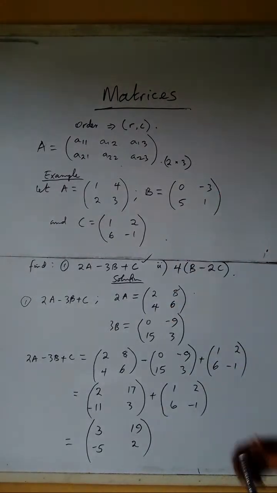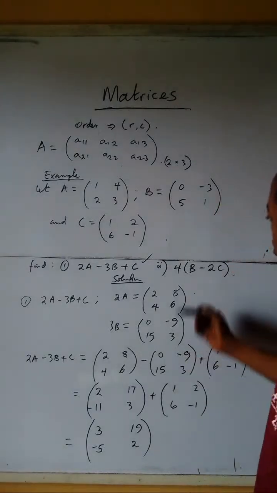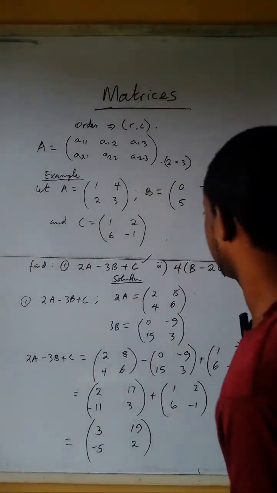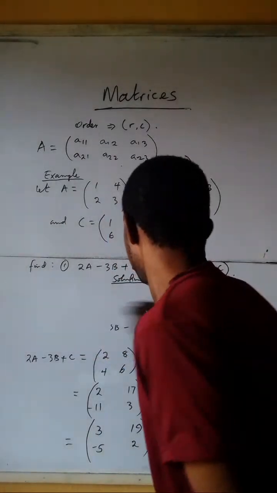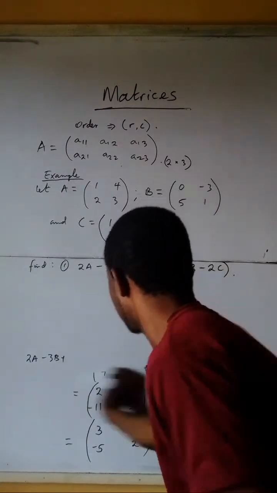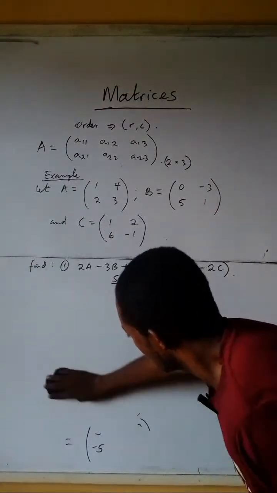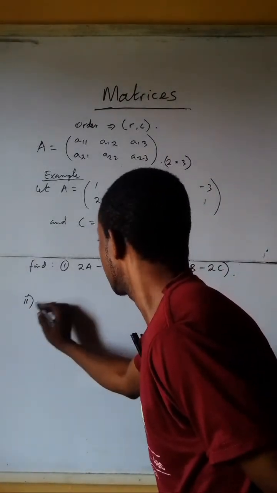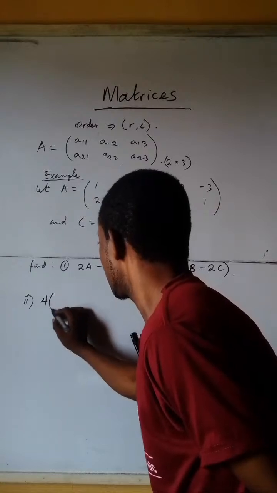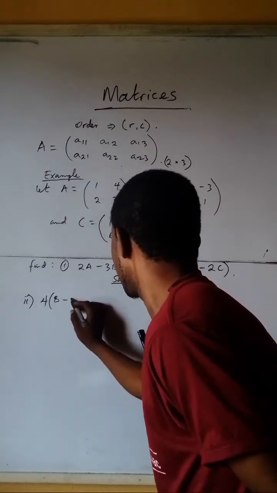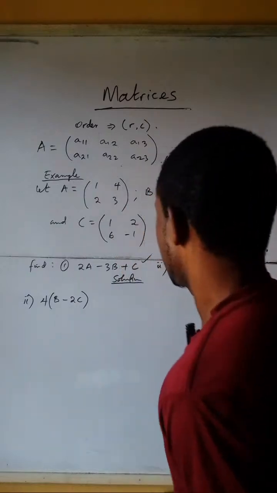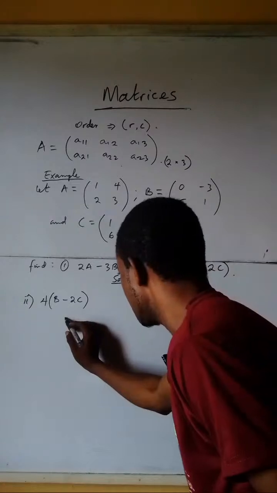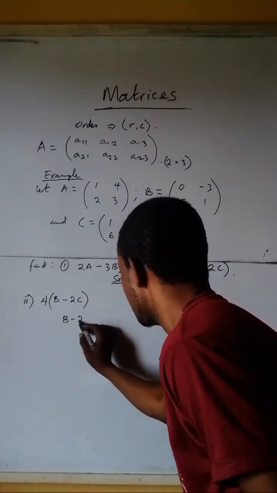Now let's solve the second one here, which is 4 into bracket b minus 2c. Now from here, we first solve the bracket, then we multiply by 4. We can first find the bracket, that is b minus 2c.